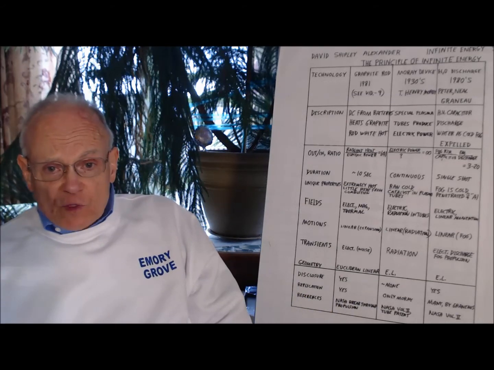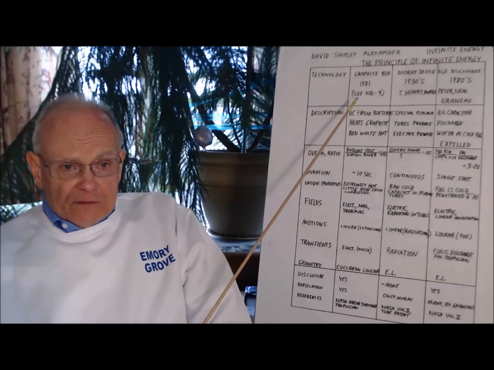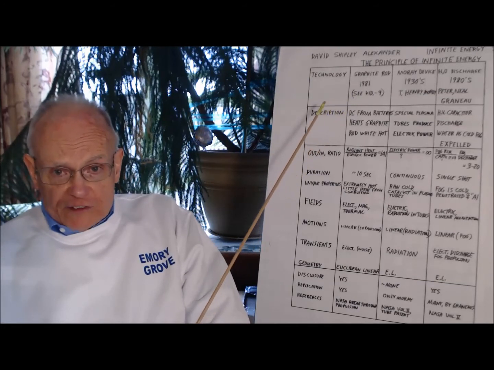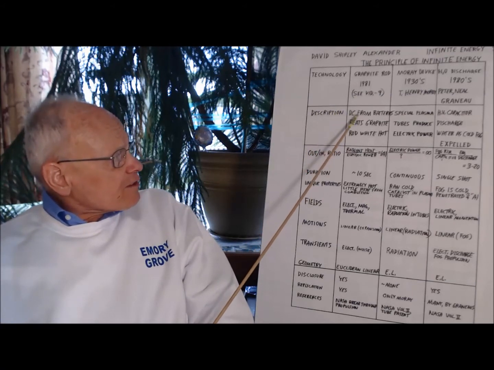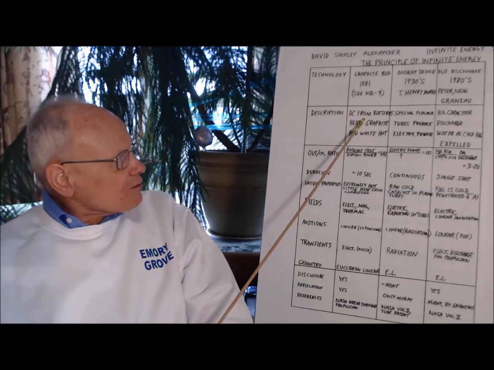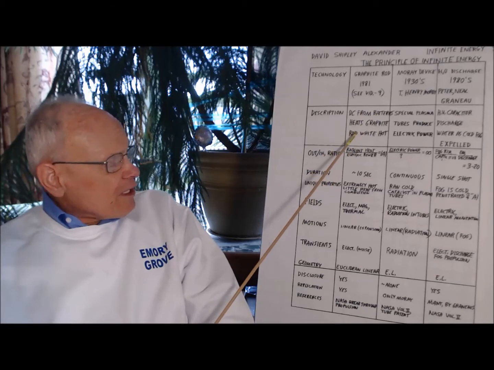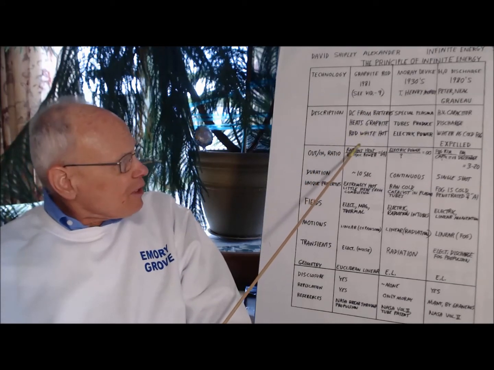So we start with what I call the Graphite Rod Experiment, which has been very extensively covered in video 9. I recommend you watch video 9. In that technology, the current comes from batteries, DC current, and it heats a piece of graphite white hot.